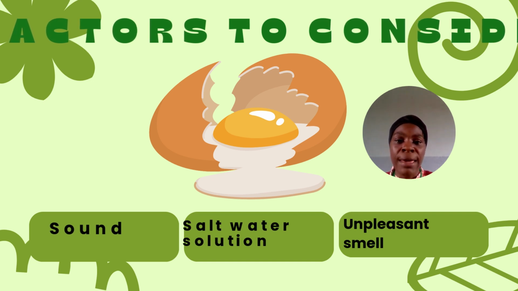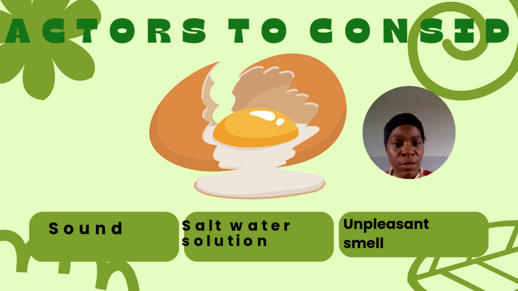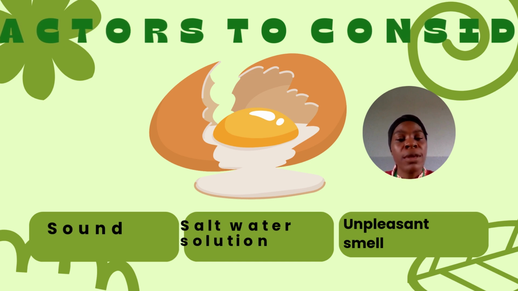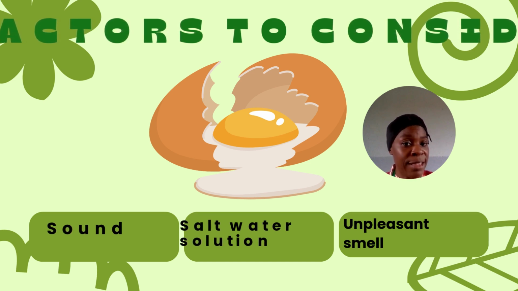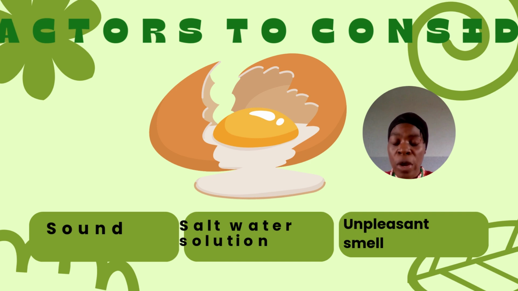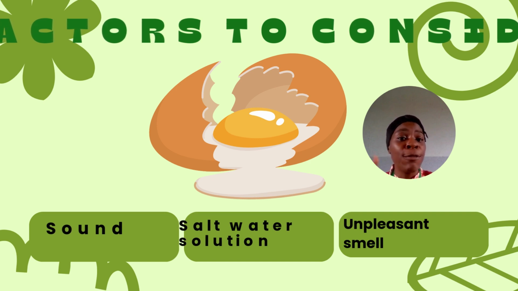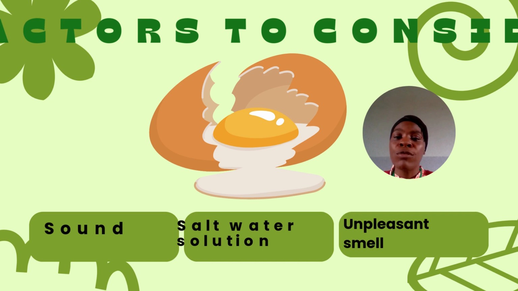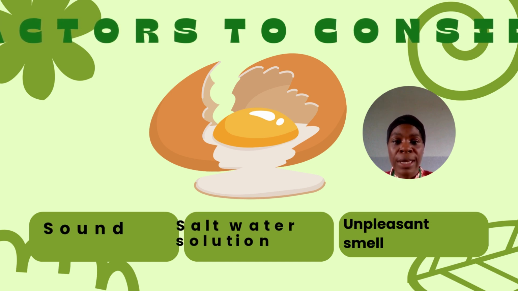Then dip your egg inside the salt water solution. You find out that either the egg floats or it sinks. So when the egg sinks, that means the egg is okay, very good. But when the egg floats, that means the egg is bad. That means air has been produced in the egg, making it float. So salt water solution is another factor you need to consider when you are getting your egg.